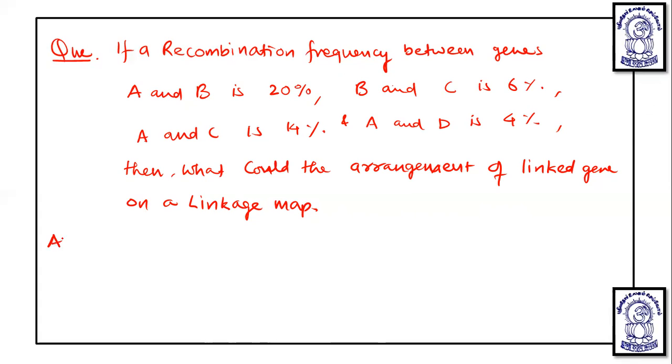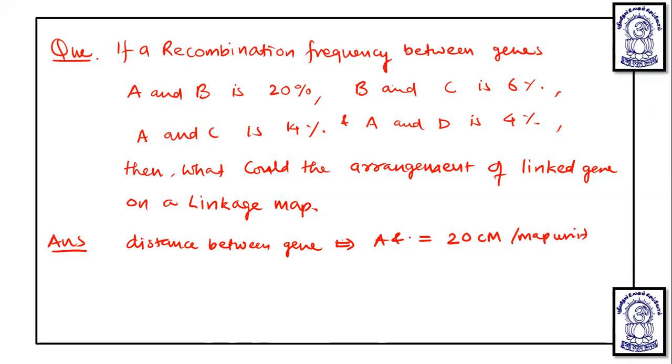So if we solve this type of question, if the distance between A and B is 20, recombination frequency is 20%, then we need to first identify the distance. So the distance between genes A and B is 20 centimorgan or map unit.